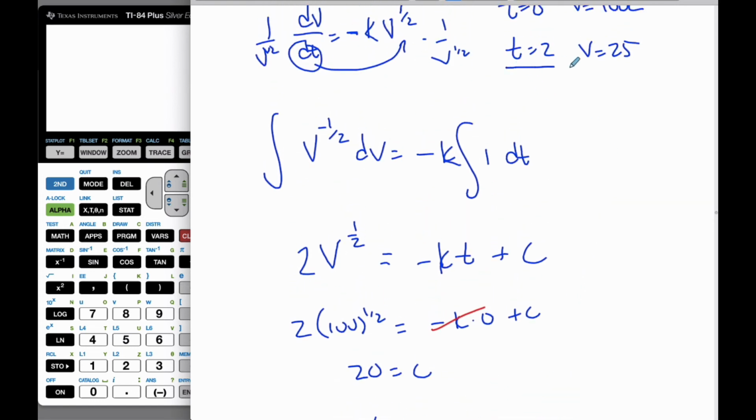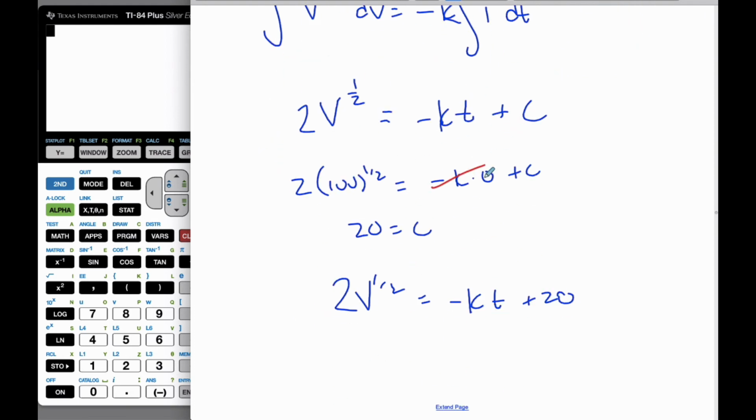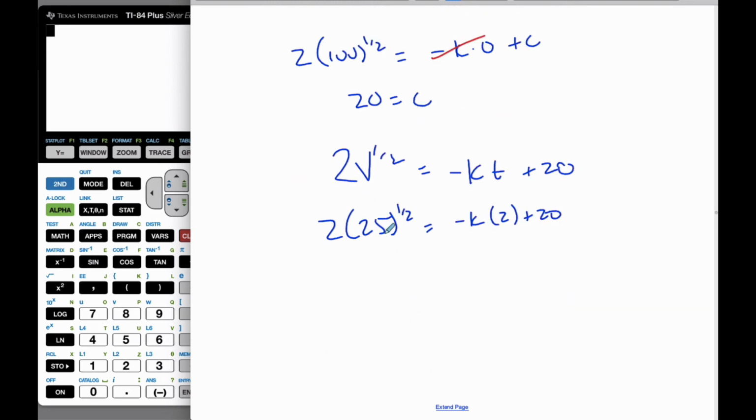Using the second bit of information here, t is 2 and v is 25. So 25 to the 1/2 is 5, times 2 is 10, is equal to minus k times 2 plus 20.